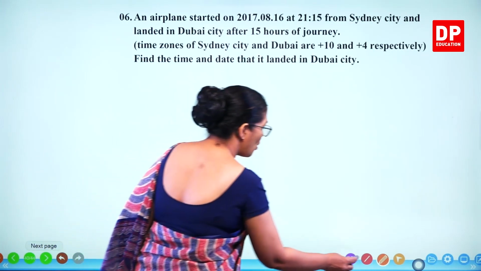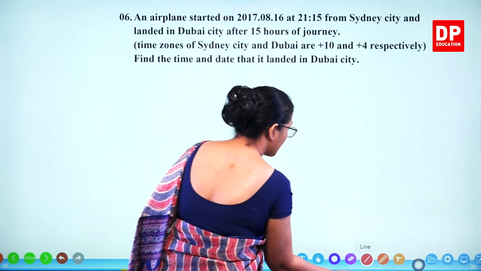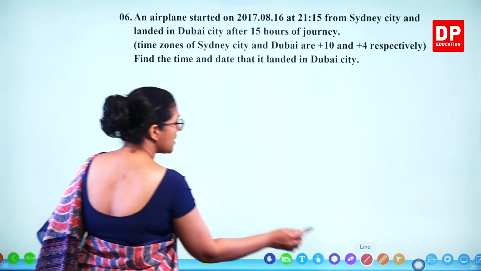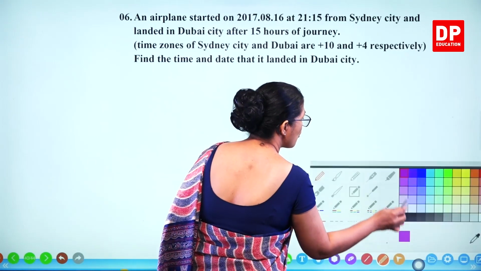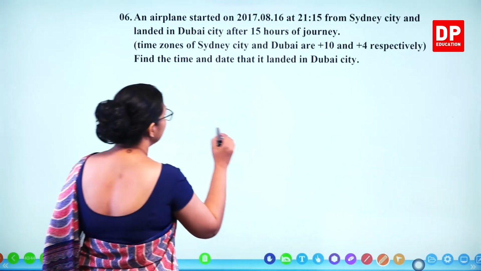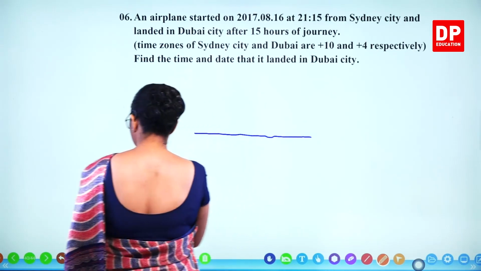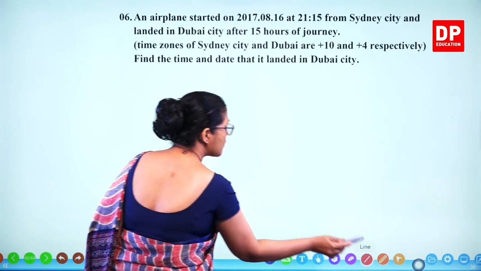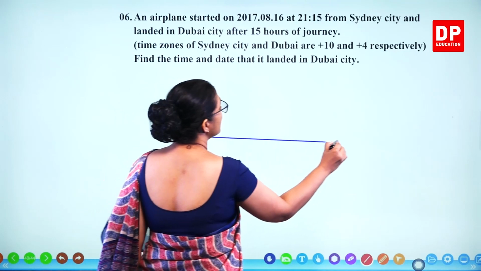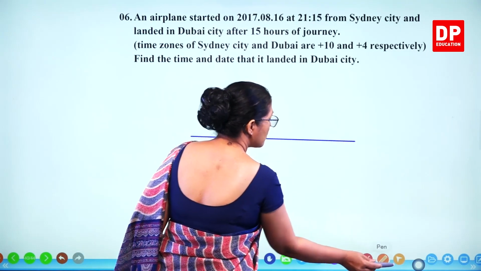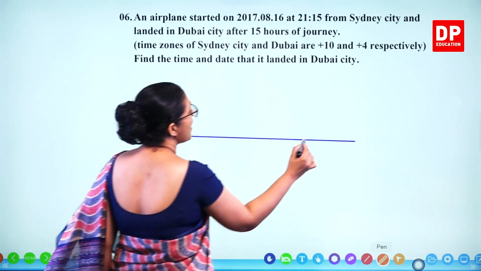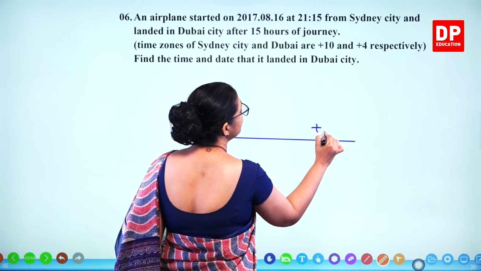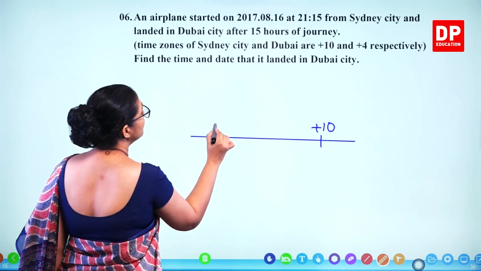So we have to find out the time. So let's draw the diagram first. So what are the time zones? +10 and +4.